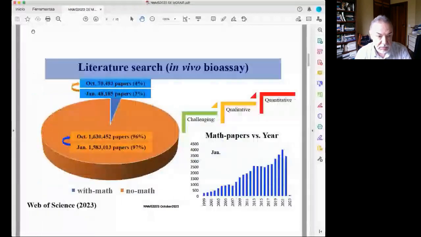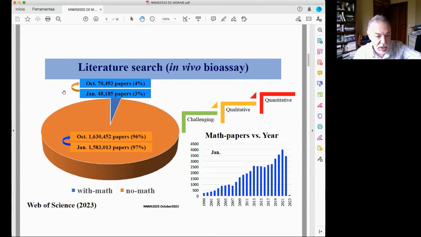And let me start sharing with you what I found in a literature search about the number of papers published in vivo bioassay. I did this search at the beginning of this year, January, and also I did it again last weekend.